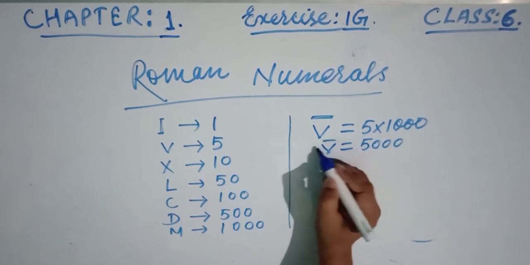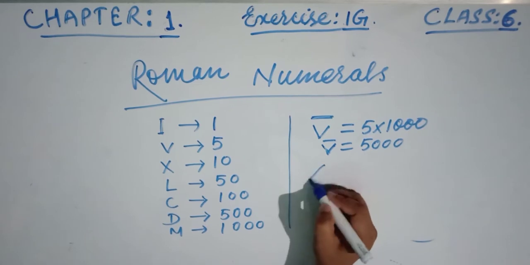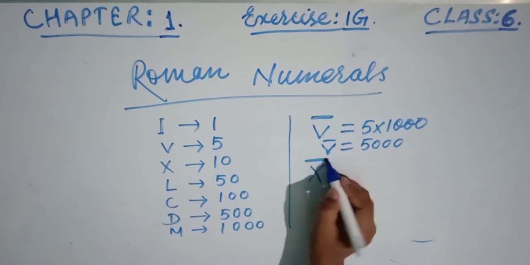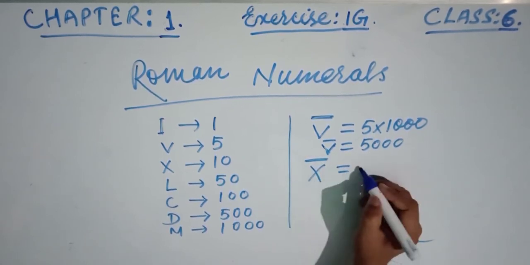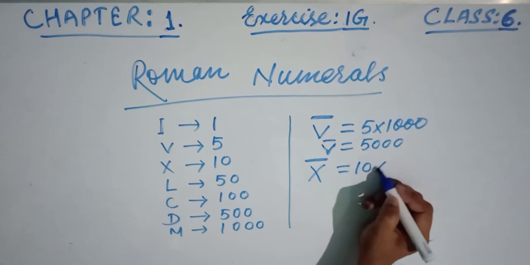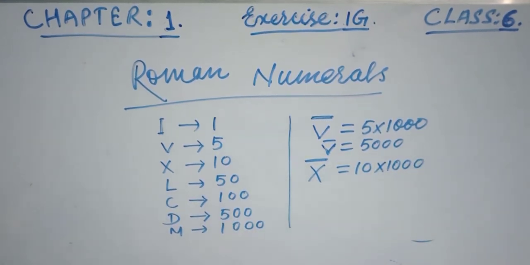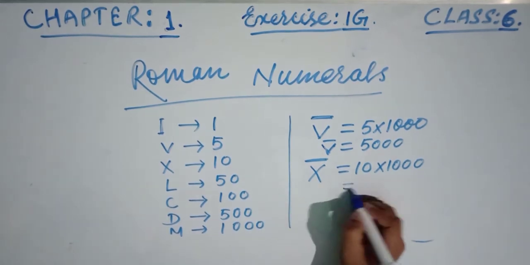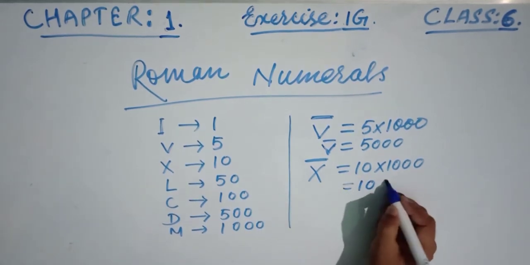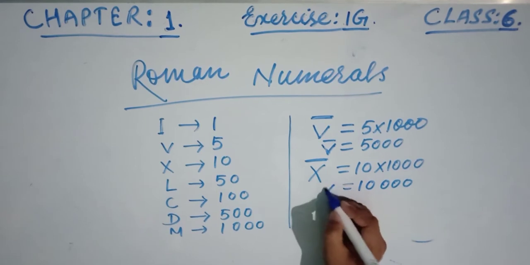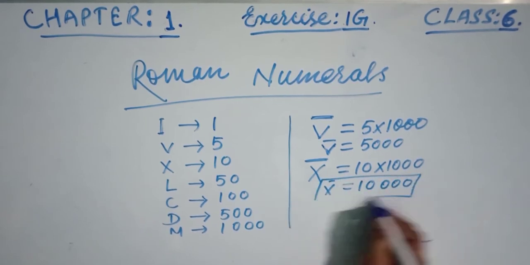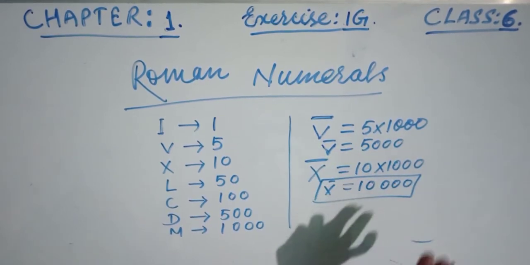So V bar means 5000. Suppose the bar is placed over X, the value of X is 10 and bar means multiplied by 1000, so this becomes 10,000 friends. I hope you understand. This is the meaning of bar.